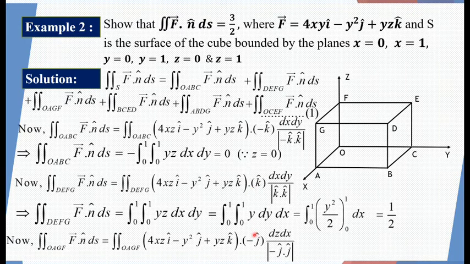So n cap will be minus j, and dz dx upon mod of minus j cap dot j cap. Now when we make the dot product, then it will be minus minus plus y square dz dx. So double integral over OAGF y square dz dx, but in this particular plane y is 0. So this entire function will be 0. So this is the third value.